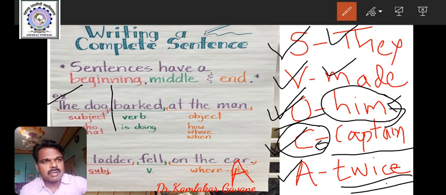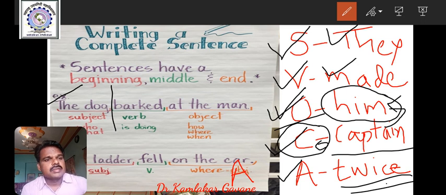For example, twice they made him captain. This is a correct sentence. They twice made him captain. This is also a correct sentence. They made him twice captain. This is acceptable but not exactly correct. And also, they made him captain twice.